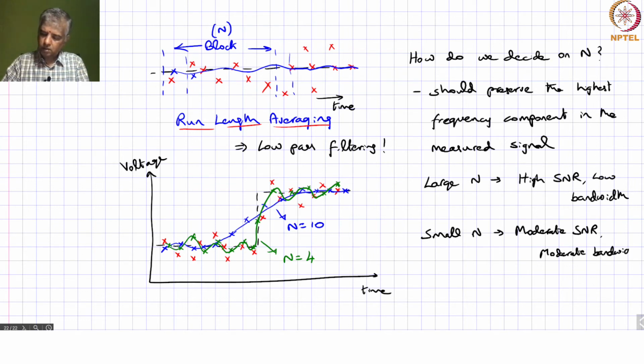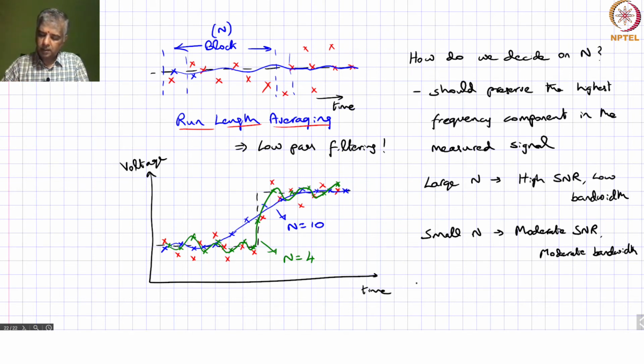But any time you are doing this run length averaging, you are compromising on the bandwidth of your signal. If you see the red things, the signal is actually responding quite quickly, but because of the run length averaging, you start to have this roll off around the transition. So you are compromising the bandwidth in this case. That is important to understand. So what do we learn from this overall?